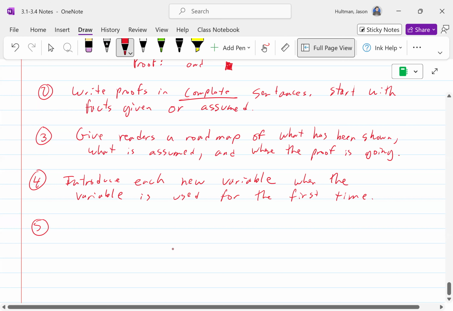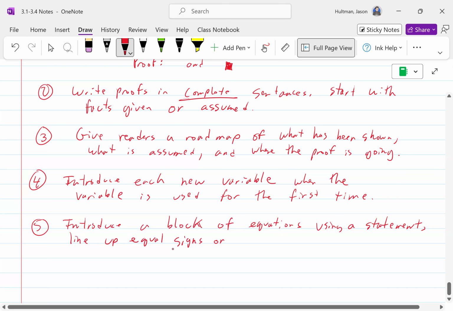And five, introduce a block of equations using a statement, line up equal signs or inequalities. Okay. That's how they'll know you're a professional.